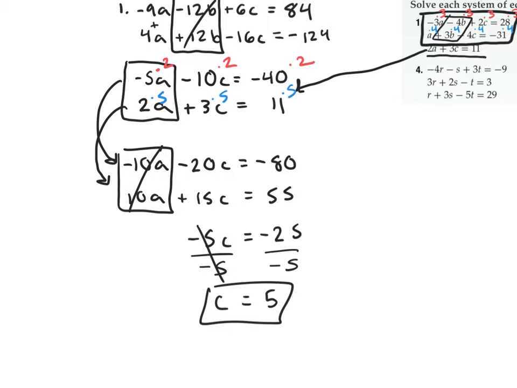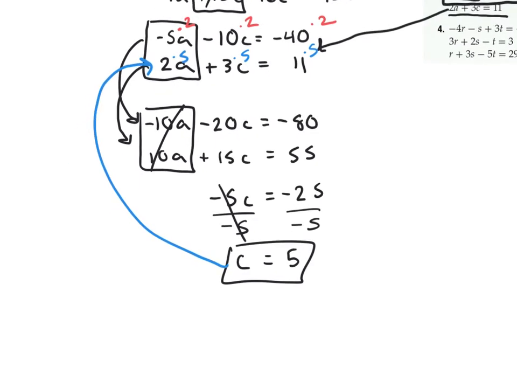So we're plugging it into the second one here, and just got to make sure we plug it in for c. So this is 2a plus 3 times 5 is equal to 11.